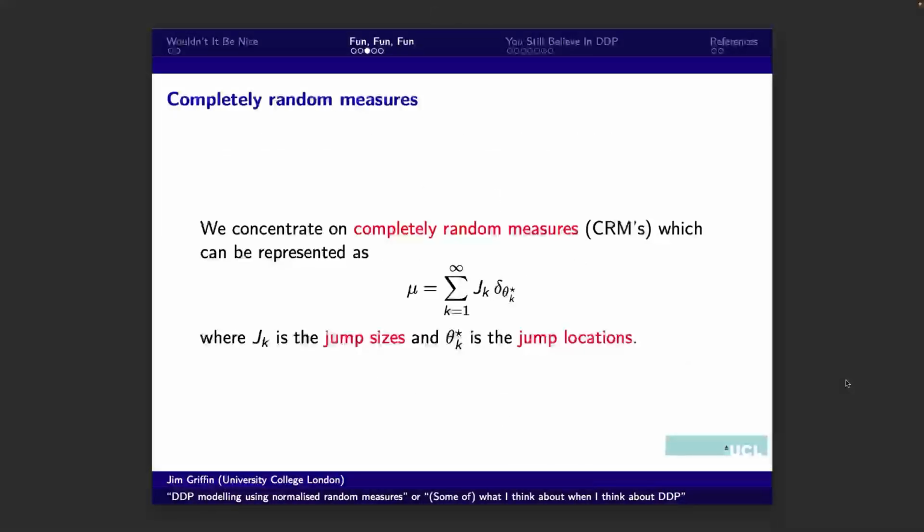Okay, so what people often end up doing in terms of these types of models is to use completely random measures. And that's attractive because those are very tractable. So we're interested in completely random measures of this form here, where we have jumps and we have locations.